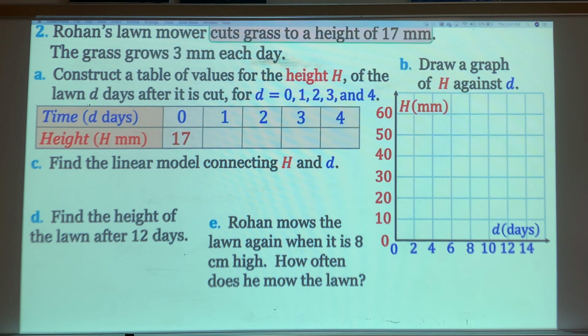So the first day, you grow 3 millimeters. 17 plus 3 is 20. Then you're going to grow another 3 millimeters. That's 23. Then another 3 is 26. All right. Then another 3 is 29.